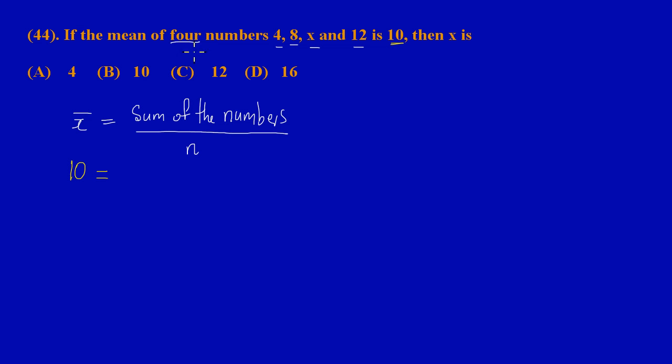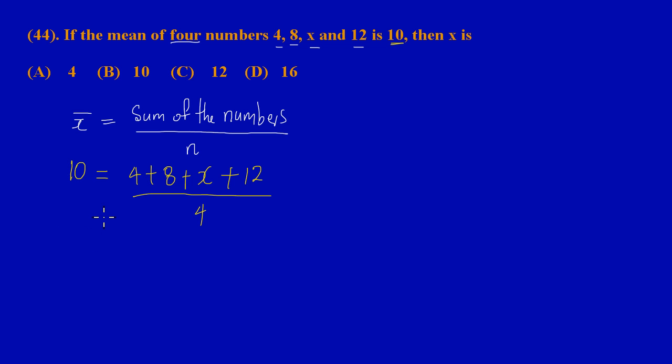The sum of the numbers would be 4 plus 8 plus x, which we don't know, and obviously we're going to have to find that, plus 12. And that is being divided by the total number of values. Counting 1, 2, 3, 4, we have a total of 4 numbers adding. So that's what we're going to be dividing by.